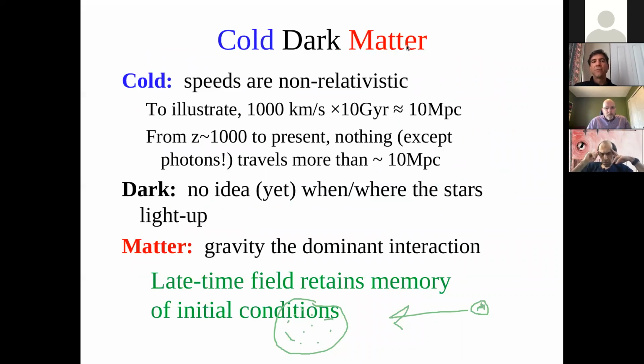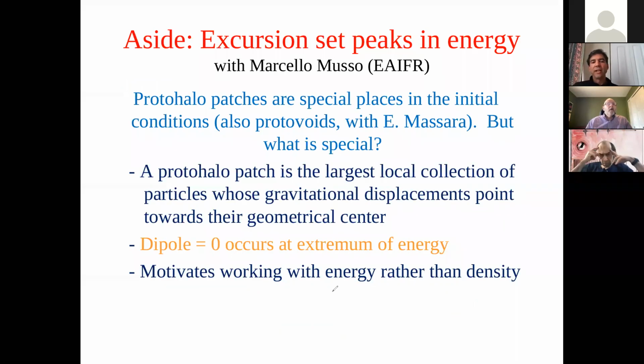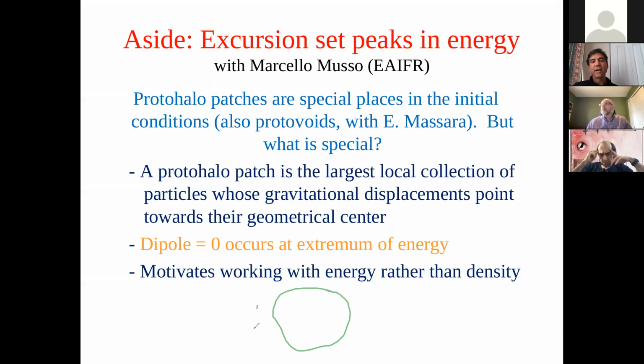And so for this thing, you can now say, I want to calculate for this initial patch, what's the density of this patch? There are other particles here that are not part of what we call the proto-halo. But I'm still allowed to compute the density. Suppose this were a sphere smoothed on this scale in the initial conditions.